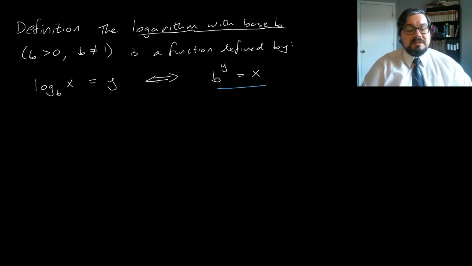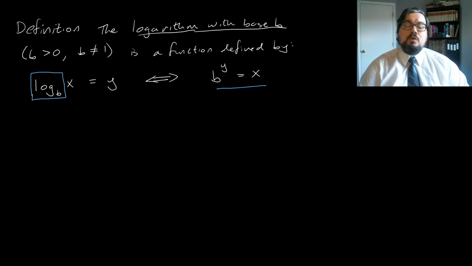Over here on the left, the logarithm notation, it's important to note that this whole expression, log with the base b, is all one notation. Just as there are infinitely many different exponential functions, each with its own base, there are infinitely many different logarithm functions, each with its own base.